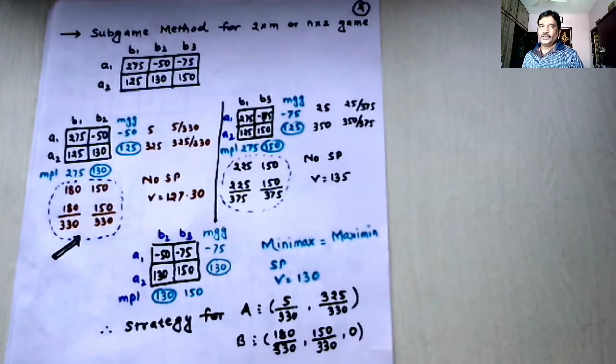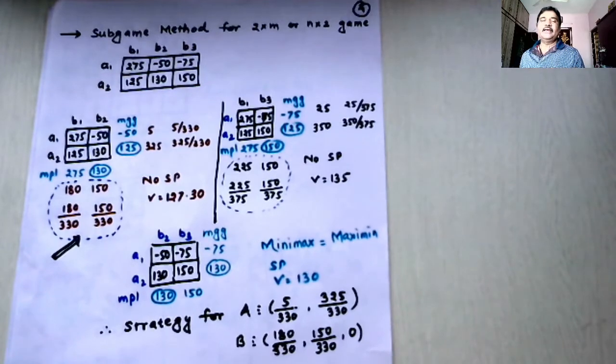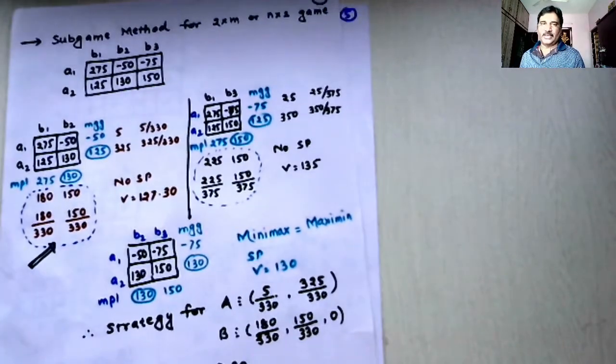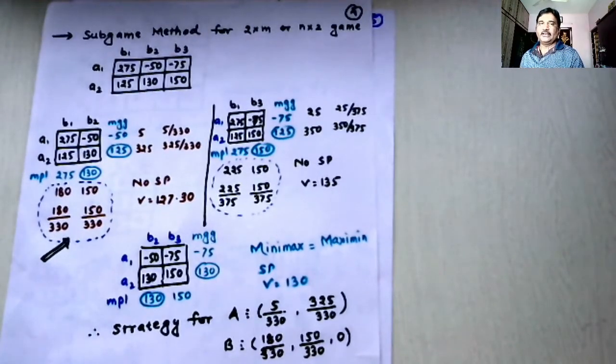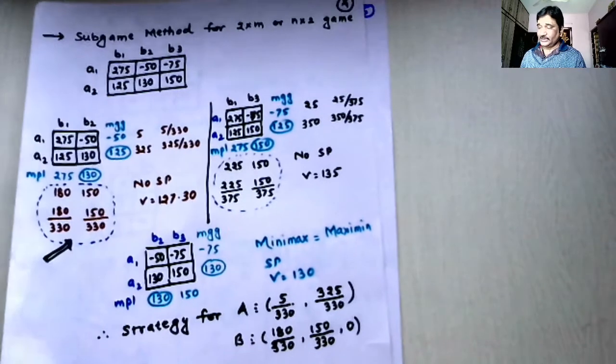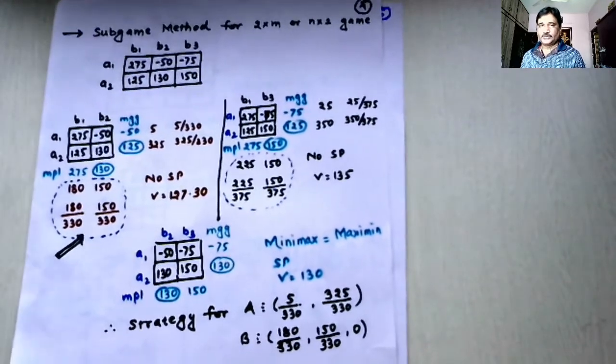We'll be seeing if player A has got a choice of courses of action, and player B has only two courses of action available; we'll get into that kind of game. I hope this is understood. In a nutshell, you have split the game into three subgames, and that's why we call this the method of subgame.